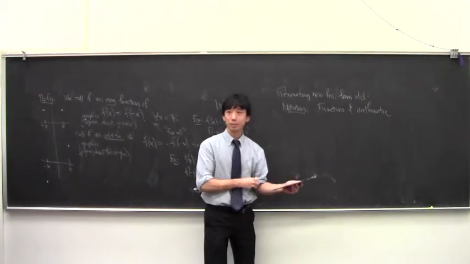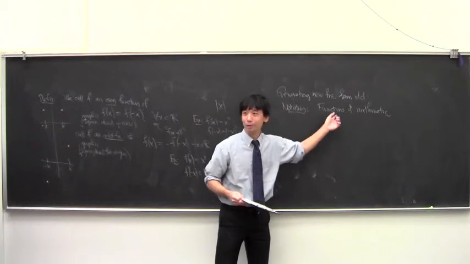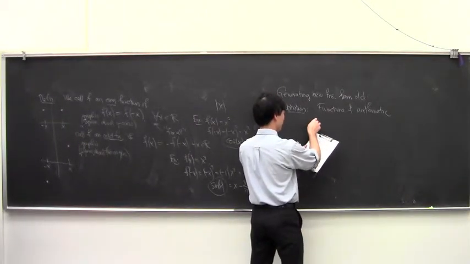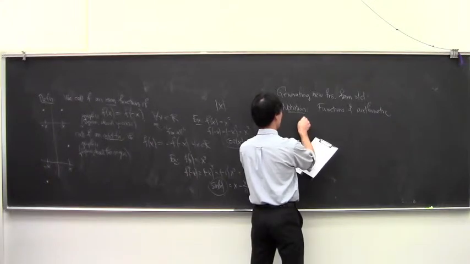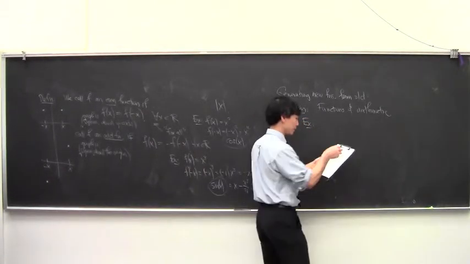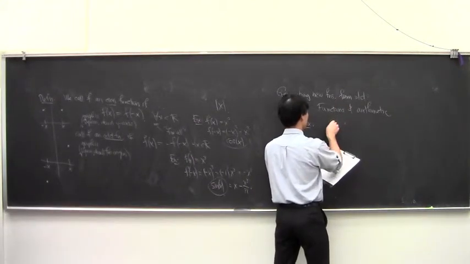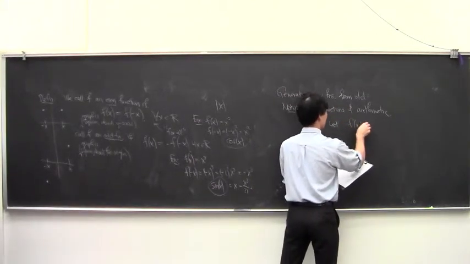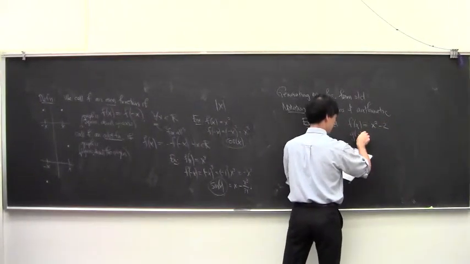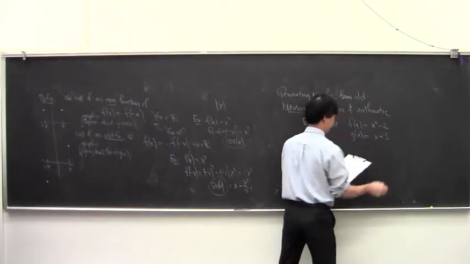This is nothing at all fancy. I'm just going to write down what I mean. Let's do an example, and once we do the example, the notation will be obvious. Let f of x be x squared minus 2, and g of x be x plus 3.